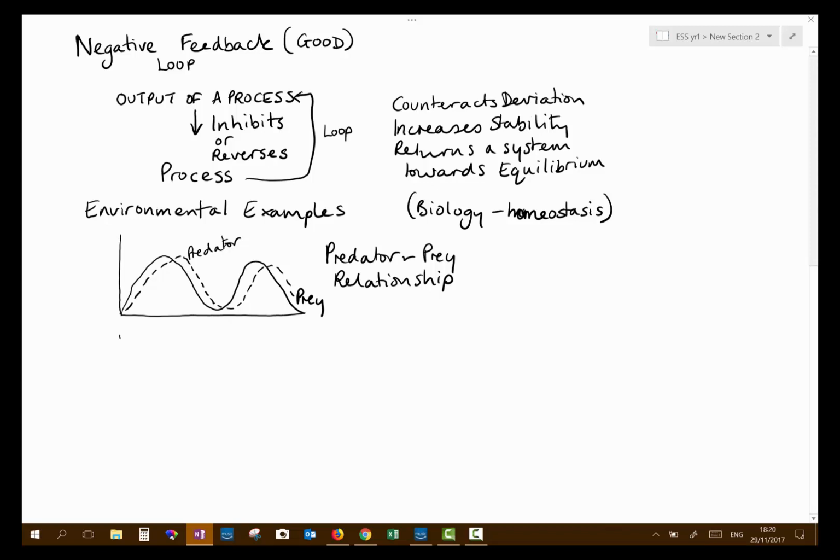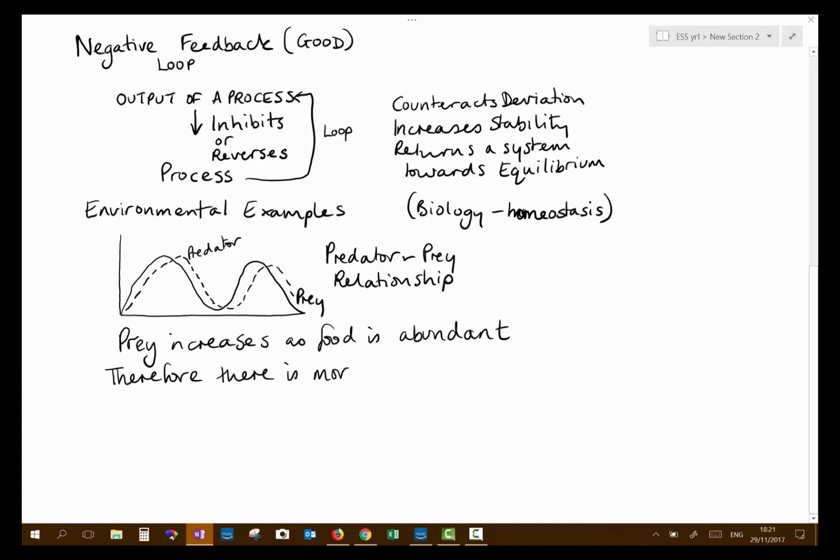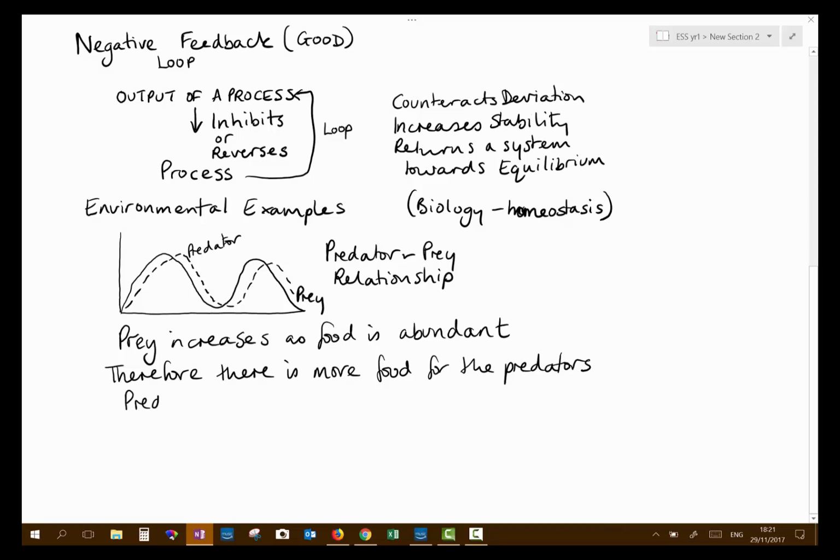Now, to score marks in your exam, when you're talking about this, there are some key things that you have to talk about. You have to say that the prey increases as food is abundant. There's lots of food, okay? And then, therefore, there is more food for the predators. And so the predator numbers increase.